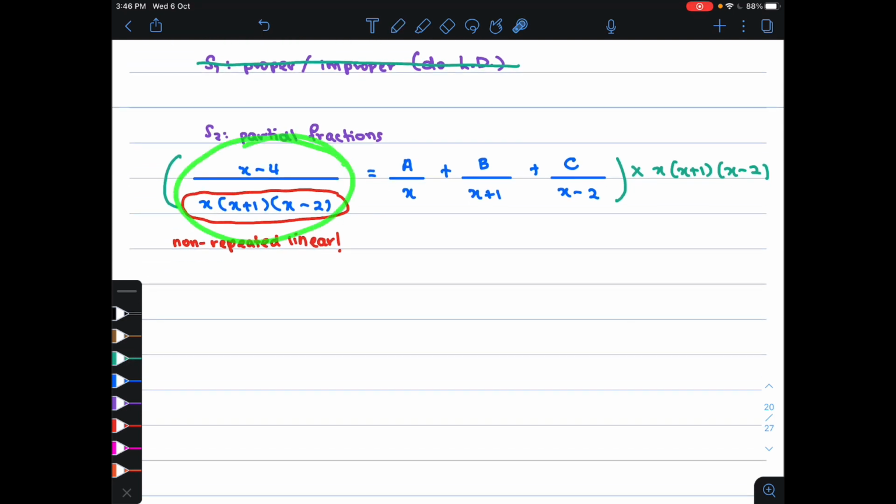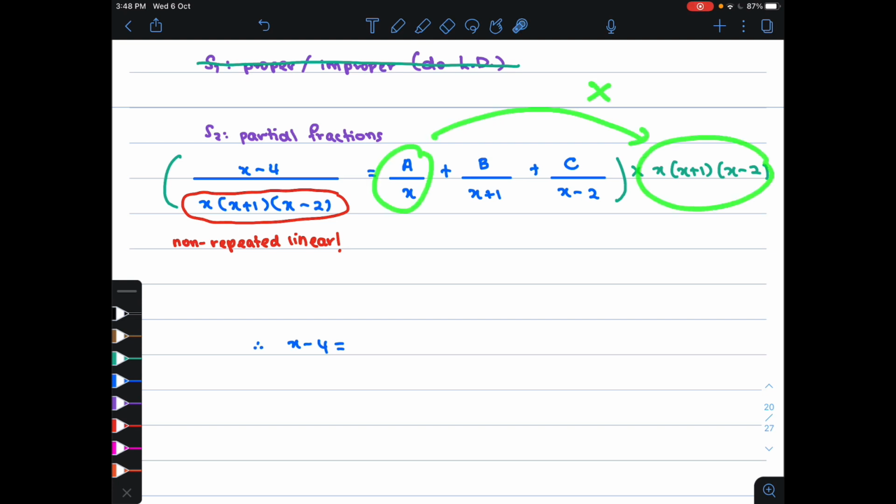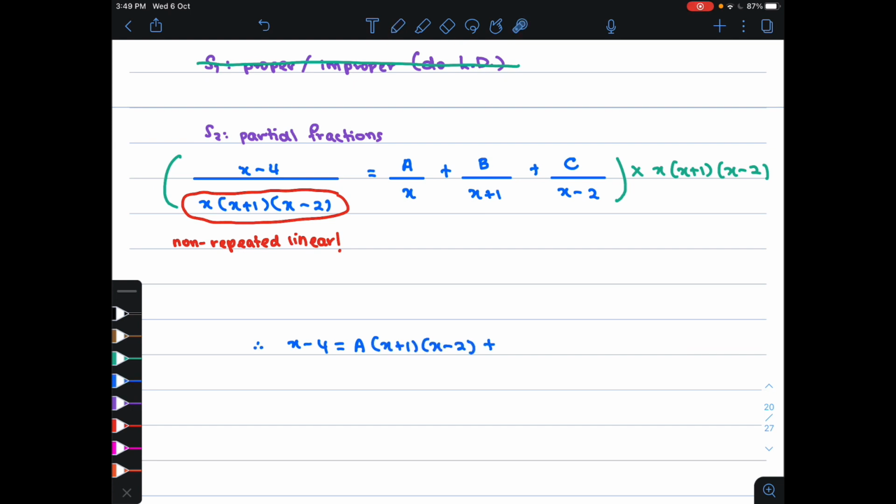For the first fraction, when you multiply, you can see that the factors disappear. Just multiply each fraction with x, x plus 1, and x minus 2, and we'll get this equation.